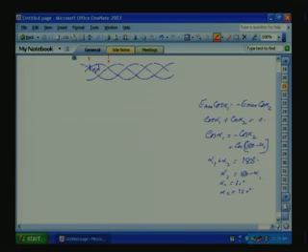Alpha 1 is 60 degree, alpha 2 starts from here. If you draw the ripple voltage waveforms, we can draw it like this.